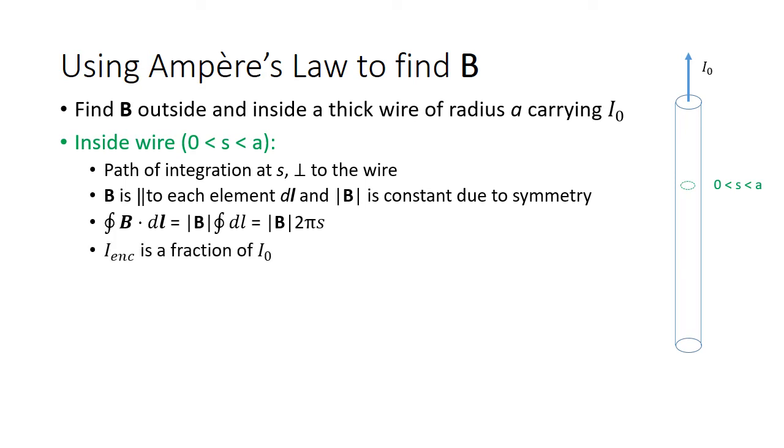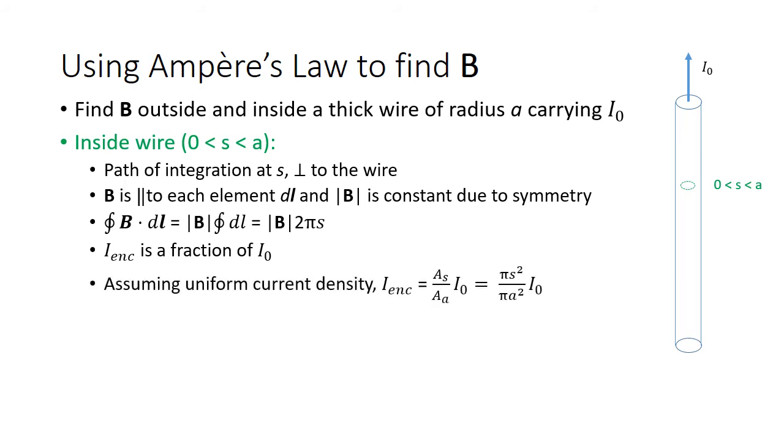The enclosed current is part of I0. If we don't know the density function of the current in the wire, we will assume that the current is uniformly distributed throughout the wire. This means that the enclosed current is a fraction of I0 that is proportional to the ratio of the areas of the path of the line integral, marked in green in the wire, over the cross-sectional area of the wire.